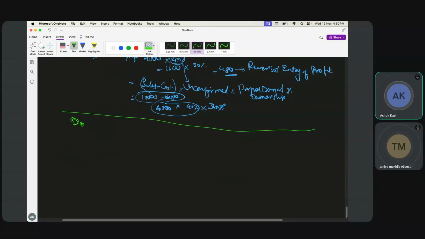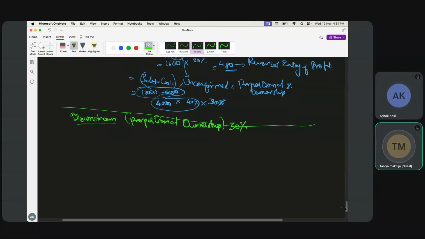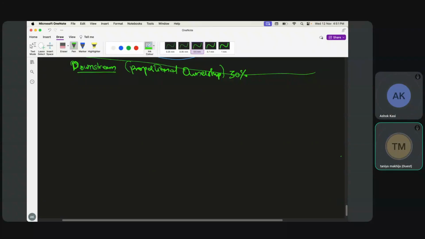Downstream. So again, the investor sold goods.